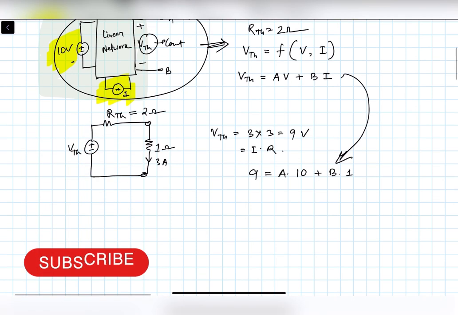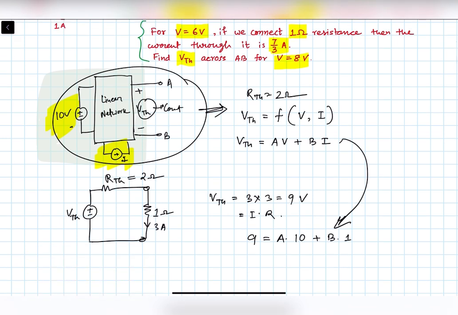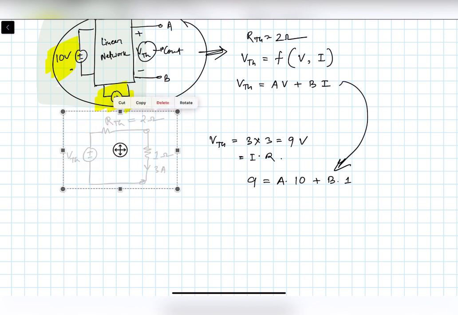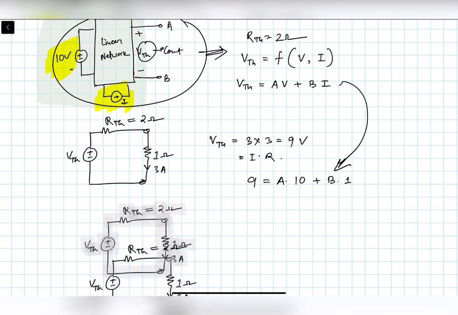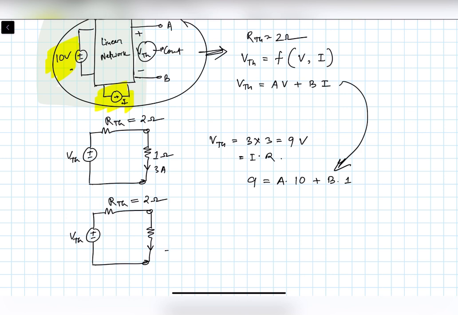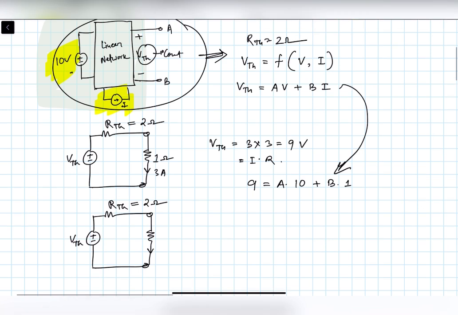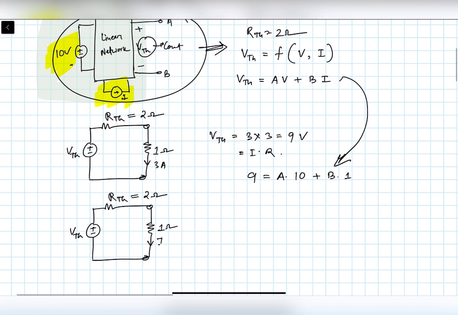And for the second one, only the voltage is changing, not the current. So we can get another equation. As you can see, it is given V is equal to 6 volt and the current we are getting is 7/3 amps. So taking 1 ohm resistance again, the current becomes 7/3 amps.